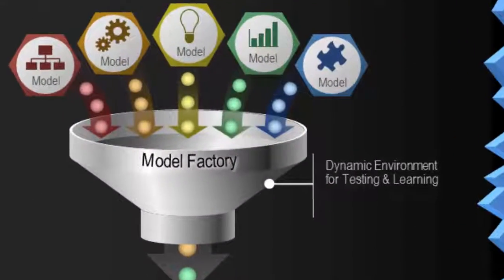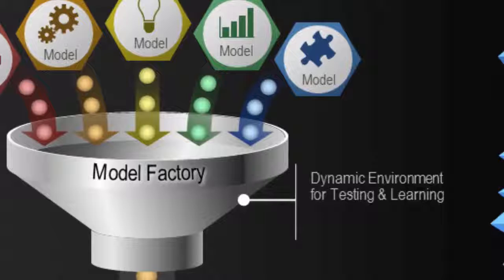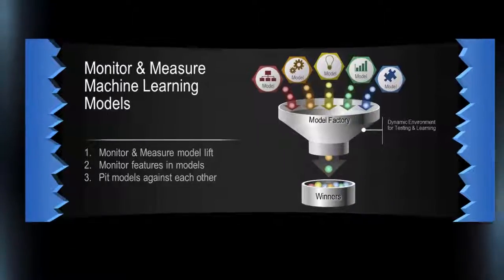And one of the ways that you do that is through open and standard interfaces. So for instance, being able to get your models into an environment through a standard approach like PMML, which stands for Predictive Modeling Markup Language, is an important facet to look for. You essentially are going to be monitoring and measuring things like lift.